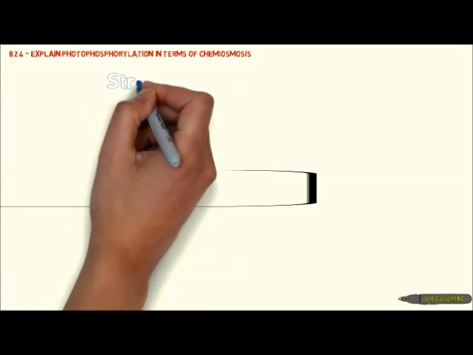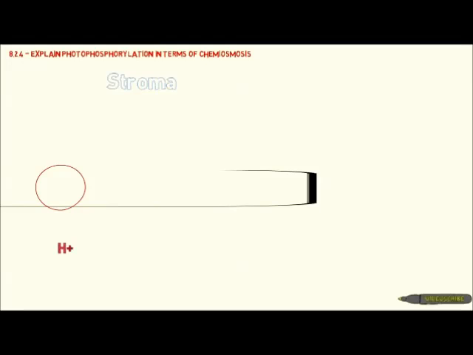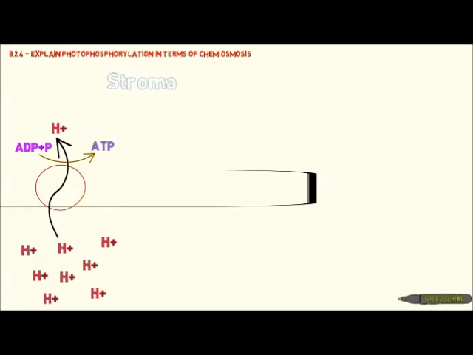Since there is a high concentration of H+ ions in the thylakoid space, they can diffuse back into the stroma through the pore in ATP synthase. This process drives the photophosphorylation of ADP to ATP. During these redox reactions in a light-dependent reaction, the energy levels of the electrons change, as shown before in the graph.